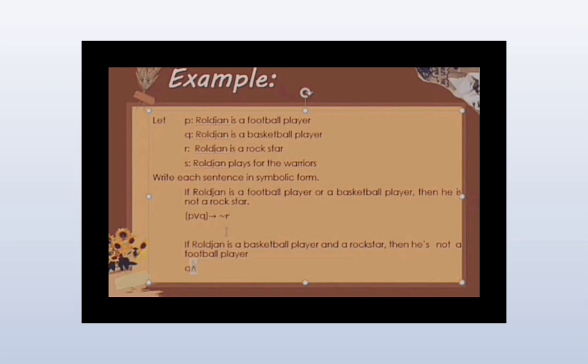Okay, so this is already a compound statement. So then, since we have here comma, therefore it is already grouped, no? It is Q and R is grouped together. So we have here parenthesis.